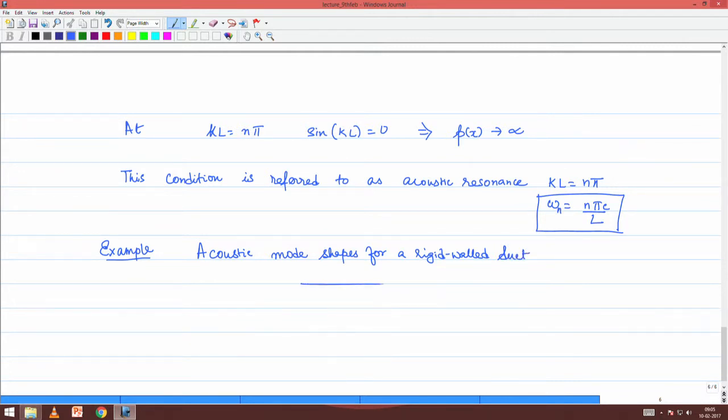So, we are going to have a rigid walled duct of finite length, and every wall is supposed to be rigid, right, and we are looking for a non-trivial solution of this even in the absence of any excitation force or any excitation velocity in this case, right.